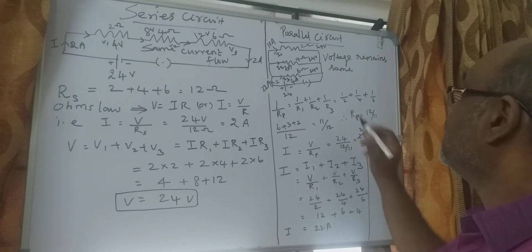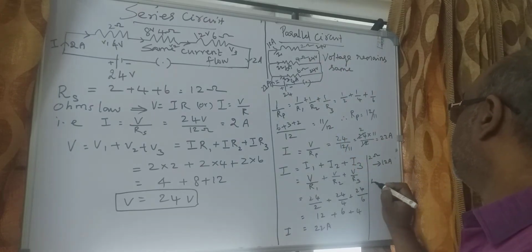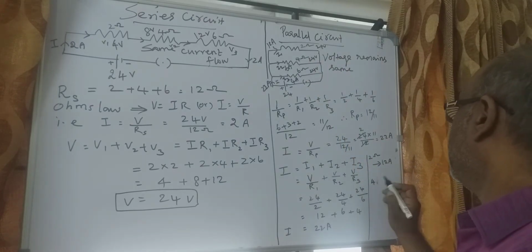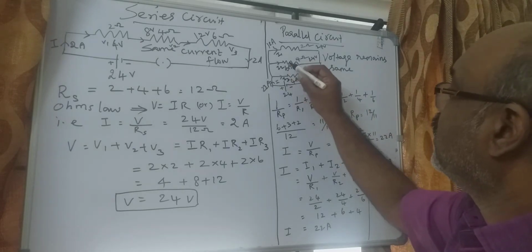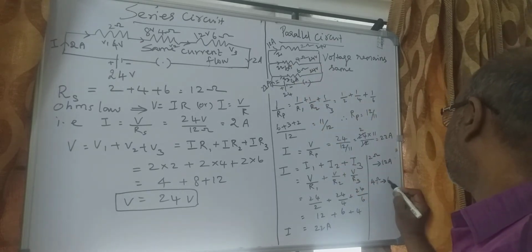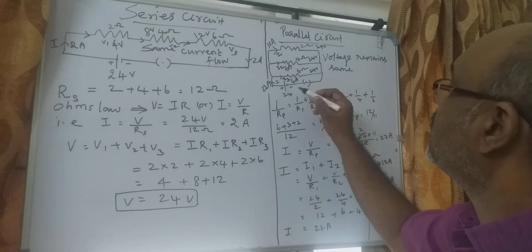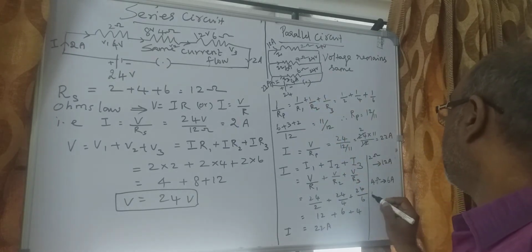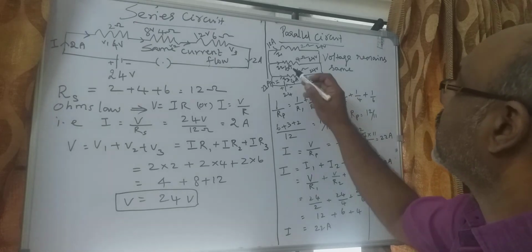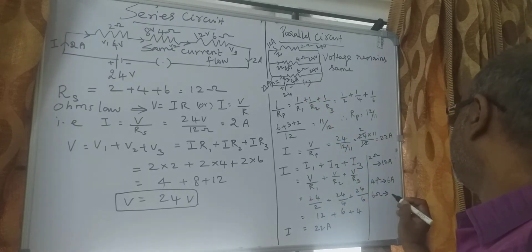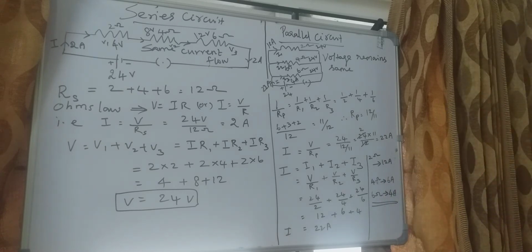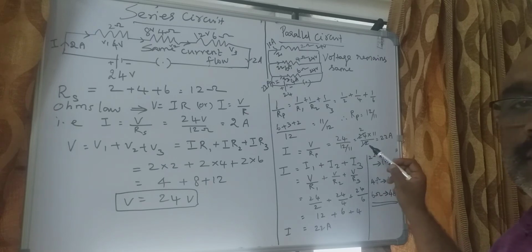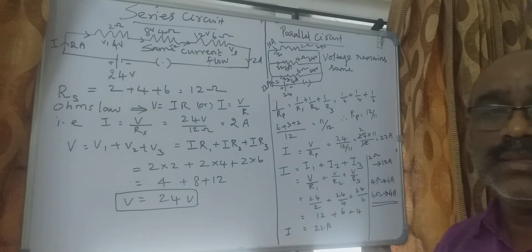When the resistance is 4 ohm, the current supplied is 6 ampere. And when the resistance is 6 ohm, the current supplied is 4 ampere. See now in these 3 comparisons, when the resistance is low, more current flows in the circuit.